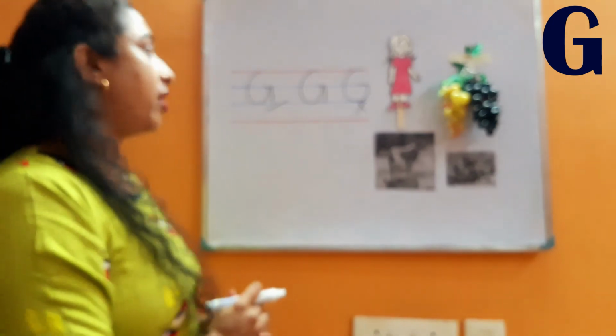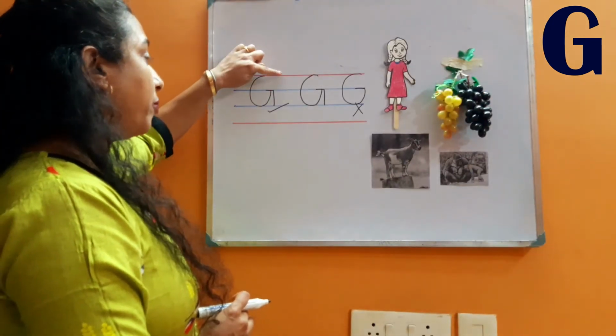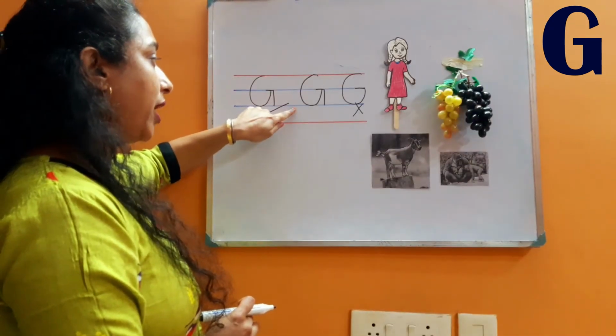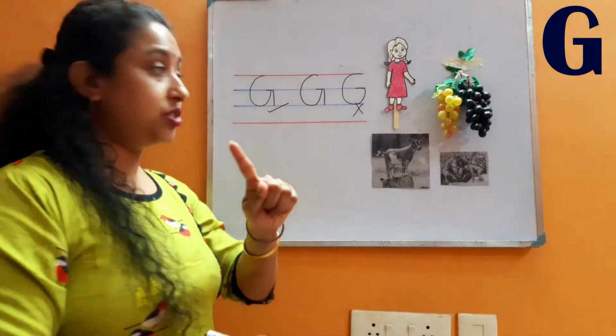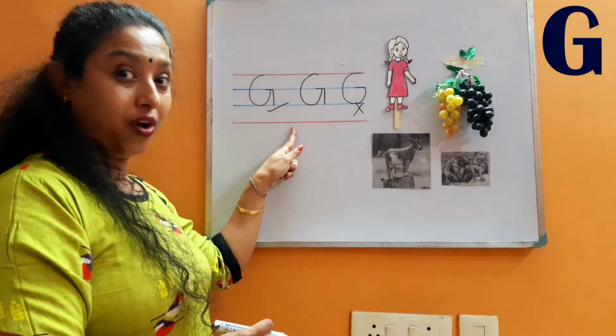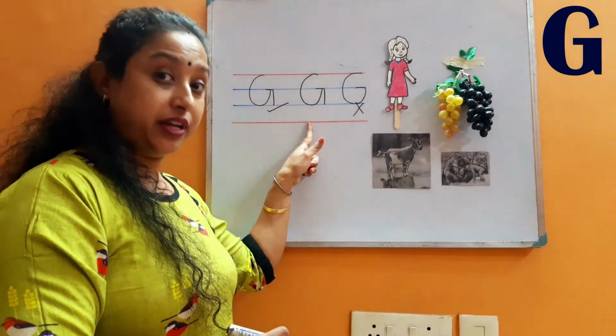And be very careful. We have to write letter G from top red line to bottom blue line. We should not touch the bottom red line because we all know very well the bottom red line is a danger line.